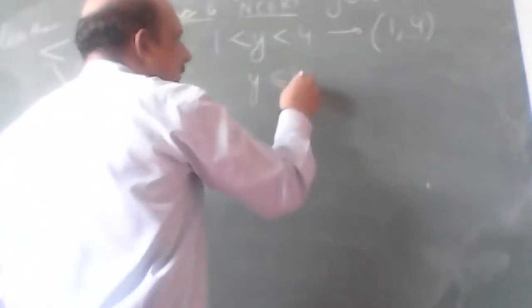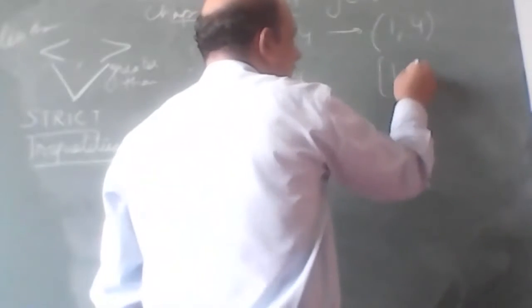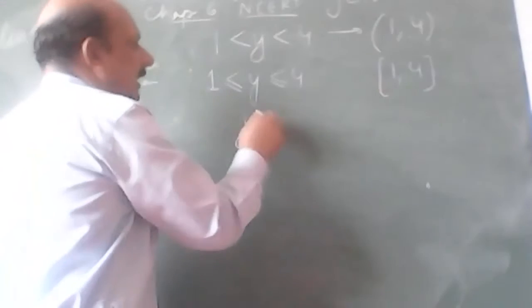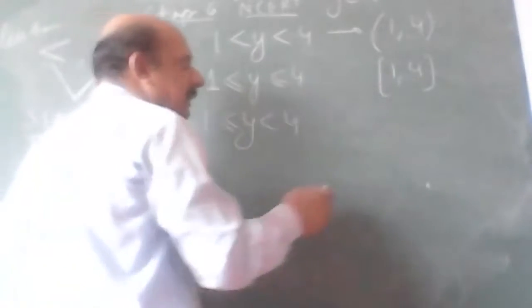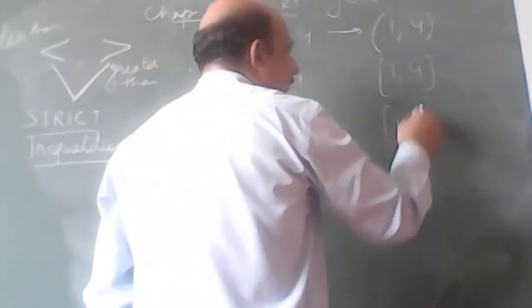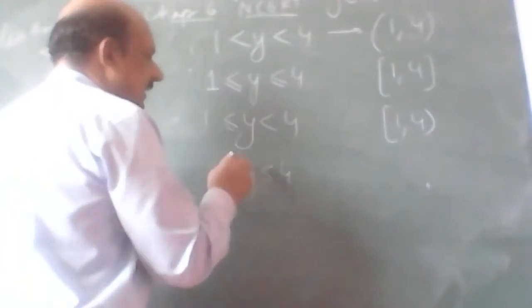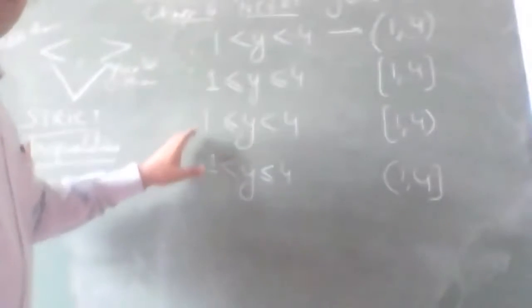If it is slack inequality, y lying between 1 and 4, it would be shown as the closed interval [1, 4]. It can be this also when it is open on one side and closed on one side, so it will be depicted as this. If it is like this, then open on this side and closed at the other side. This is just a recapitulation.